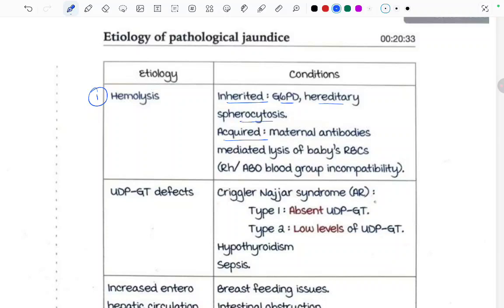These two are the inherited conditions which can cause hemolysis within a few days of the birth. Now the second one is the acquired one, in which there is maternal antibody mediated lysis of the baby's RBC due to RH or ABO blood group incompatibility. That again can cause hemolysis.